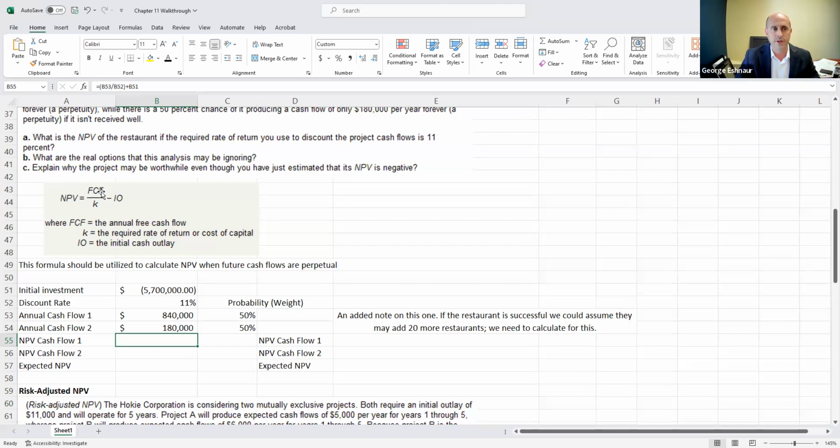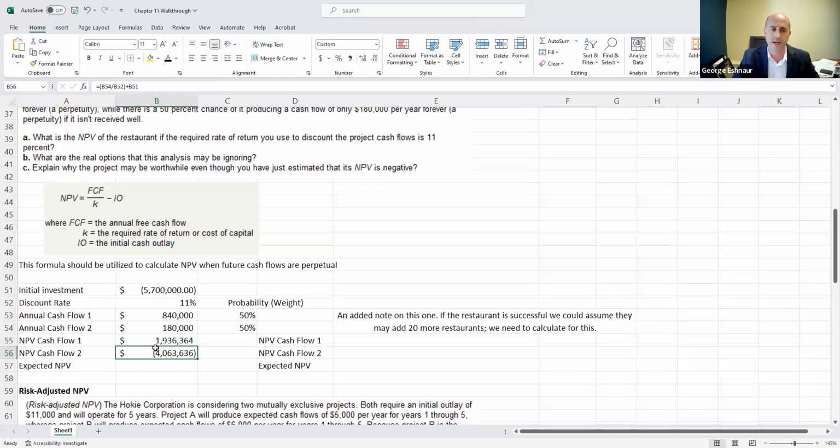And so to do that, free cash flows divided by the rate of return or cost of capital, that's our discount rate, minus our initial cash outlay. So that's exactly what I built in here. I took the free cash flows, 840 divided by the 11%, and then plus the initial outlay. We see the net present value for that one is positive.